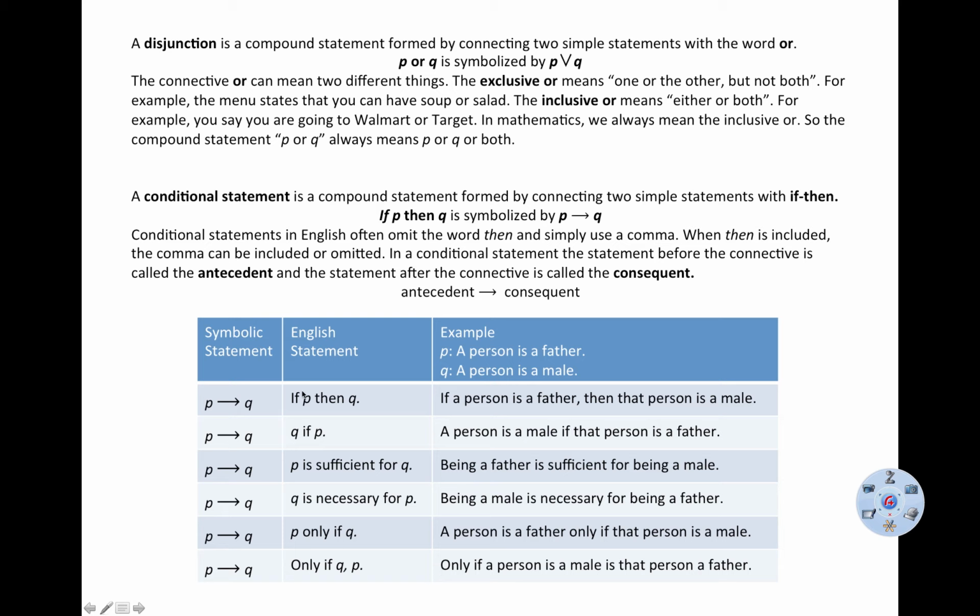Now notice when we use the ifs. If P. If you have the word if in your sentence, then that goes with the antecedent automatically. Notice even though they've listed the Q first here, because the if is before the P, when I write it, I would write P, then Q.